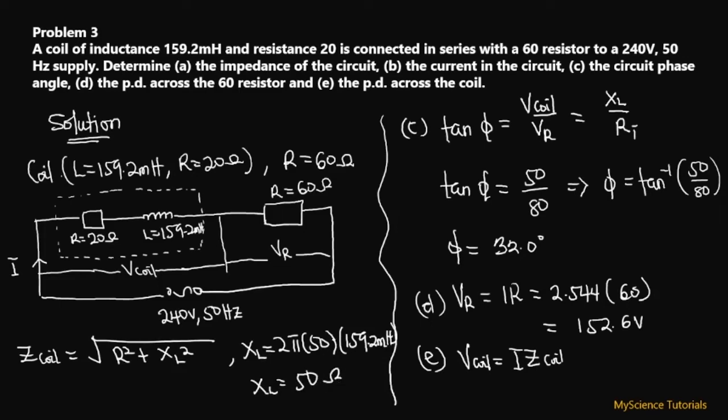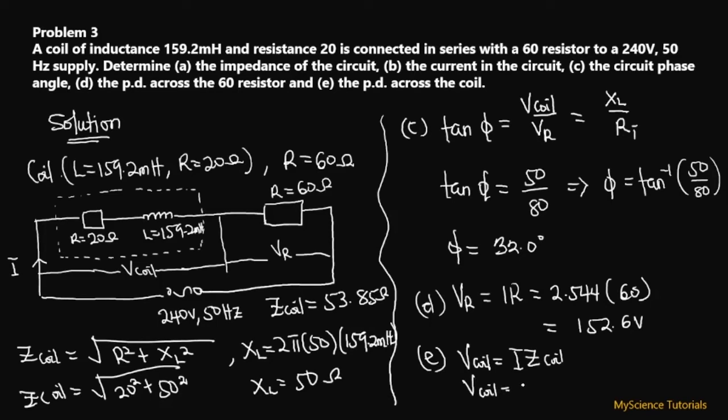Now we can substitute to find the impedance of the coil: the root of R is 20, so 20 squared plus 50 squared. If we compute this, Z coil is going to be equal to 53.85 ohms.